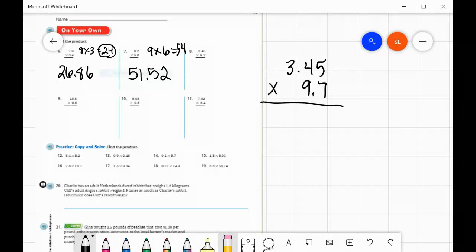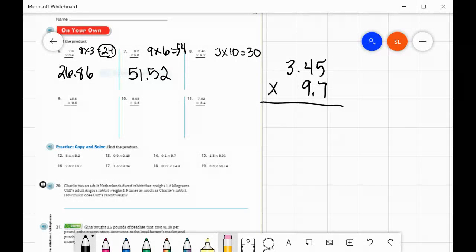So we're going to go ahead and multiply the 7 times 3.45. Before we do that, if I think about what's going to be reasonable, 3.45 rounds to about 3, 9.7 rounds to 10. So our answer is going to be somewhere around 30.